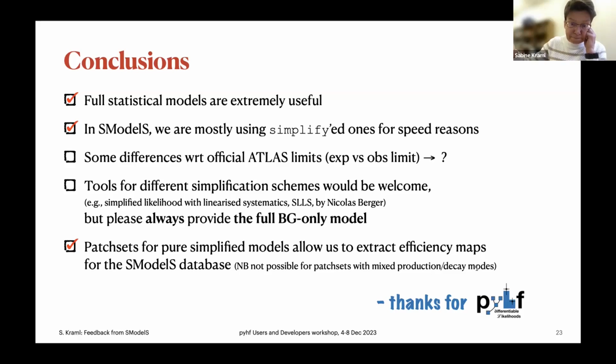So if you have a patch where part of the signal comes from chargino pair production, giving a WW final state, and another part comes from chargino neutralino production, giving a WH final state, we cannot separate the two different contributions in the patch sets. So we cannot extract the efficiency maps that we need.